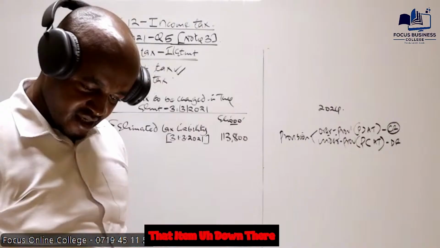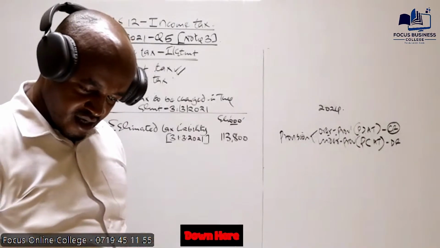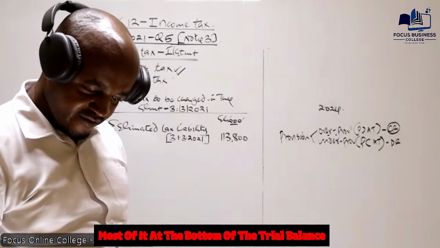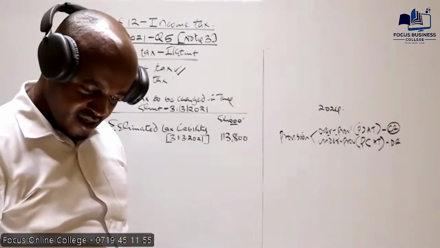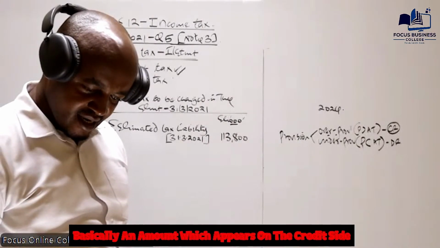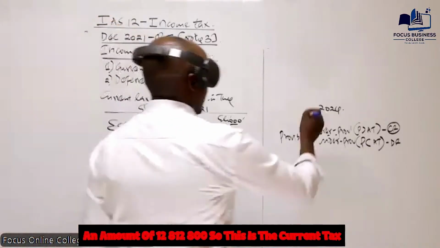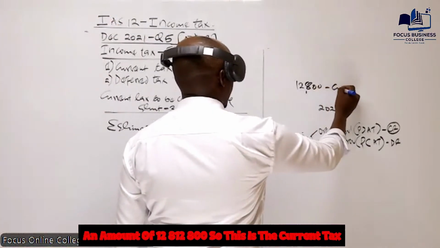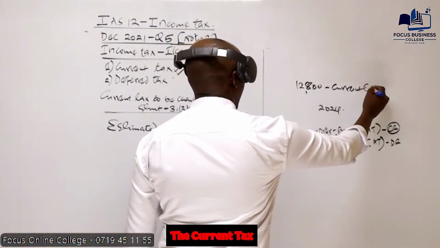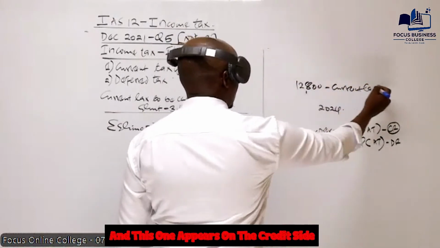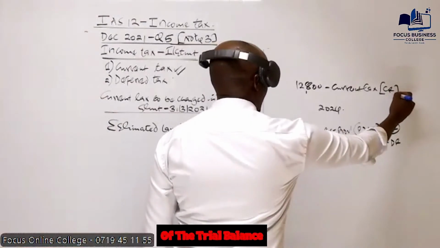That item down there, almost at the bottom of the trial balance. So we have current tax, an amount which appears on the credit side, 12,800.